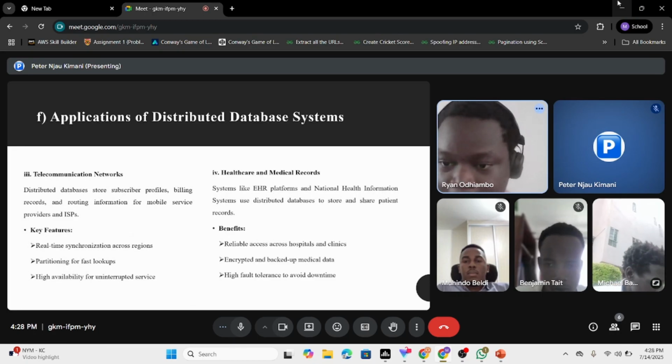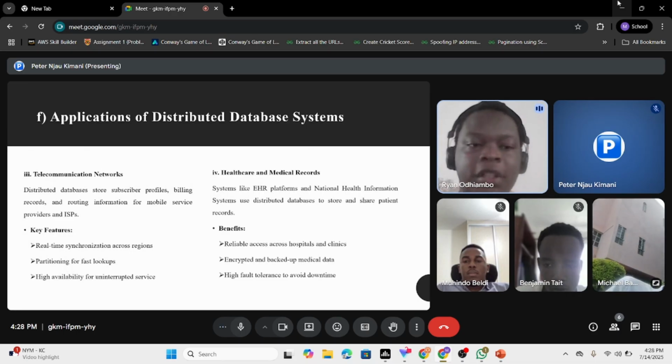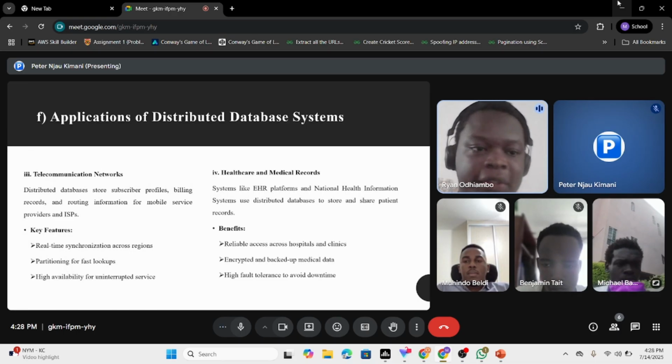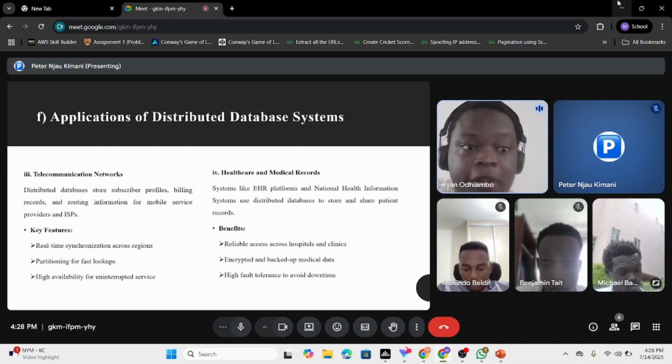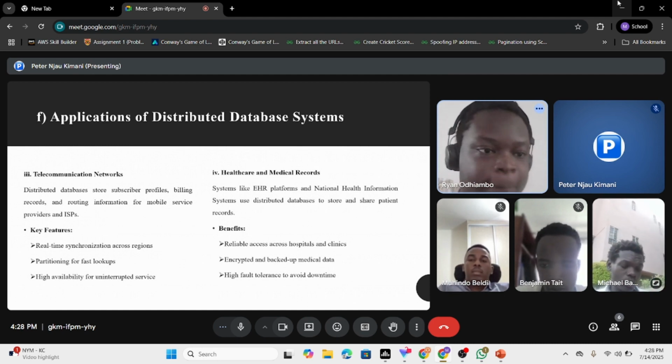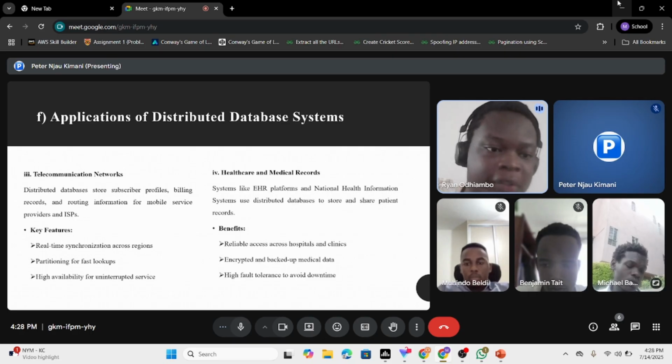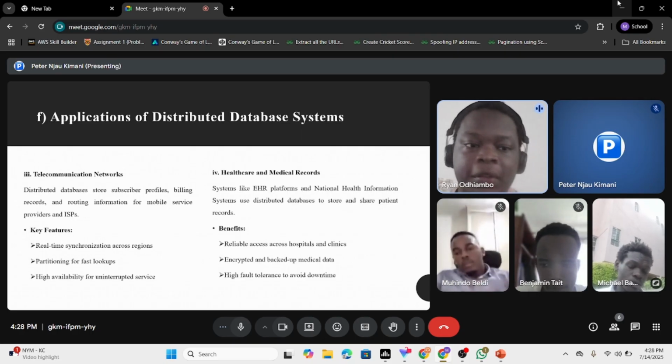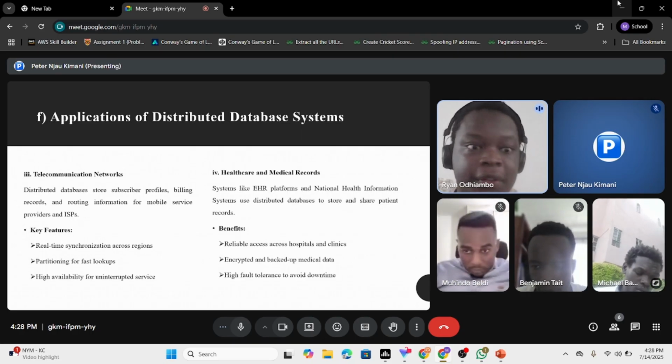These distributed databases store subscriber profiles, billing records, and routing information for mobile service providers and internet service providers.